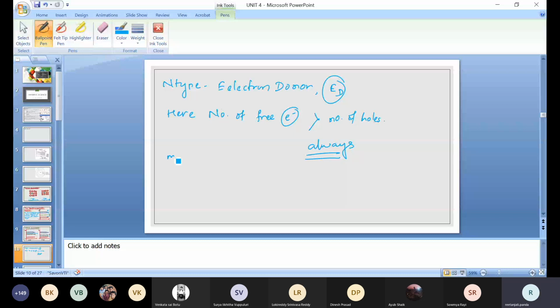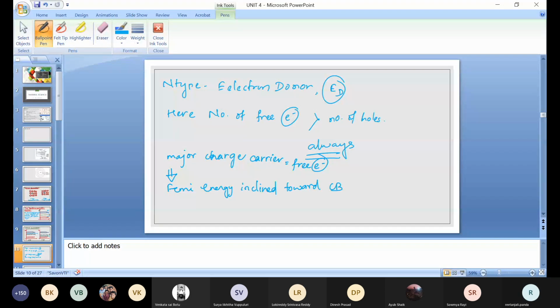So because the major charge carrier is free electron, the Fermi energy is inclined towards the conduction band. That means this Fermi energy level will be present near the conduction band.